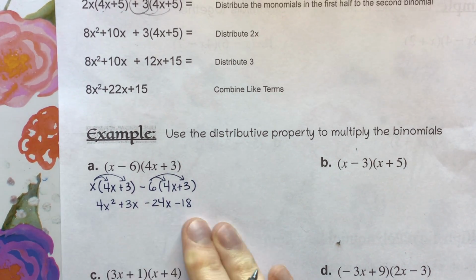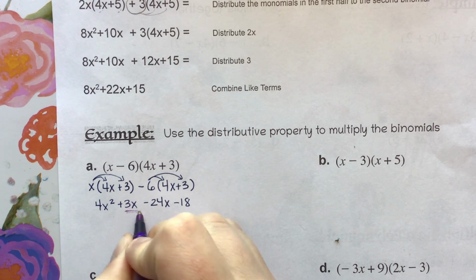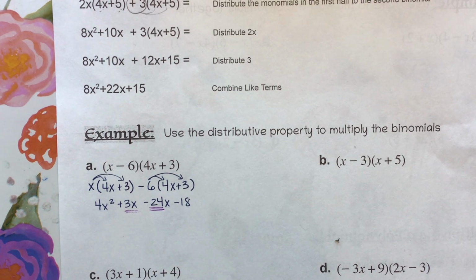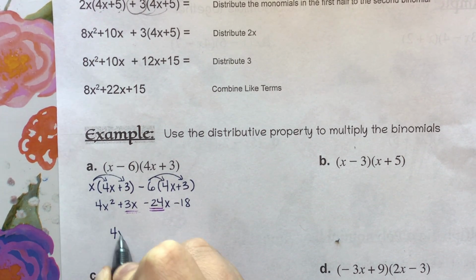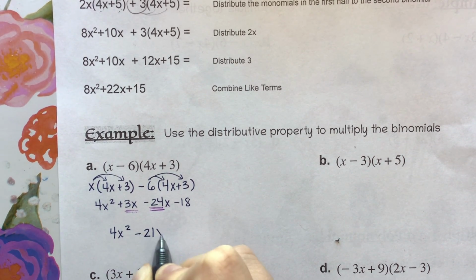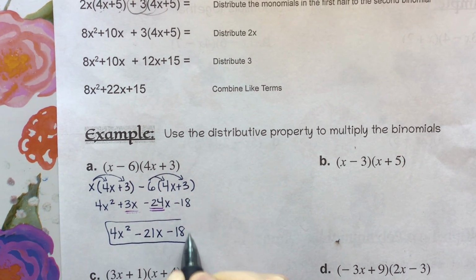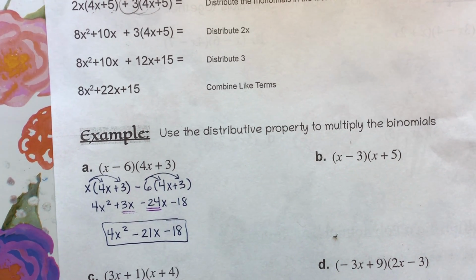Now I'm going to combine any like terms, and I have like terms right here and right here. So let's add those, but keeping everything else the same. So I have 4x squared minus 21x minus 18. And this is my final solution.